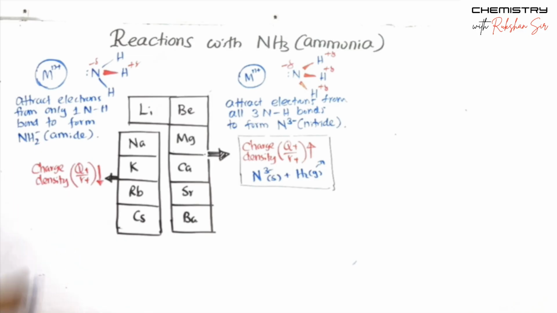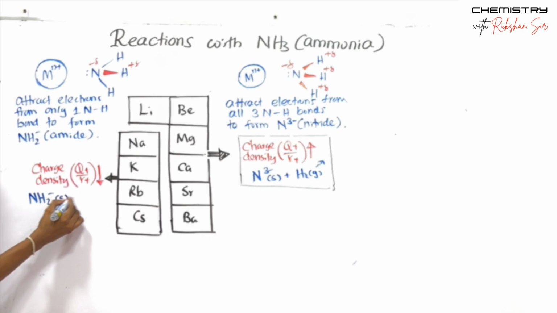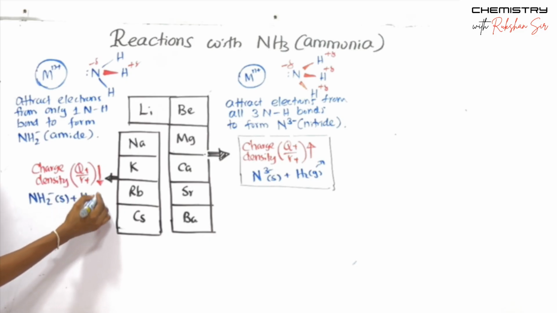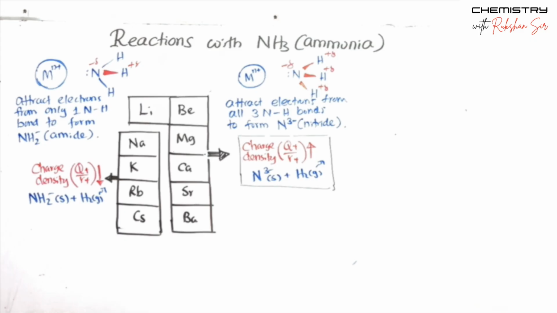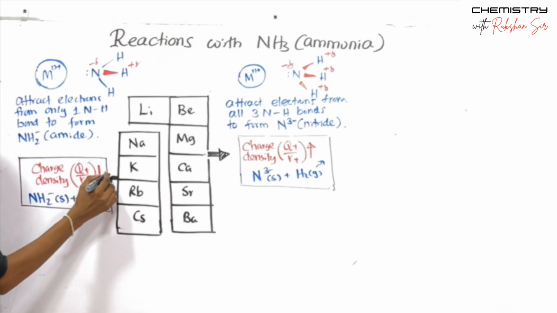So cations with low charge density form NH2 minus salts by releasing H2 gas. This is the idea.